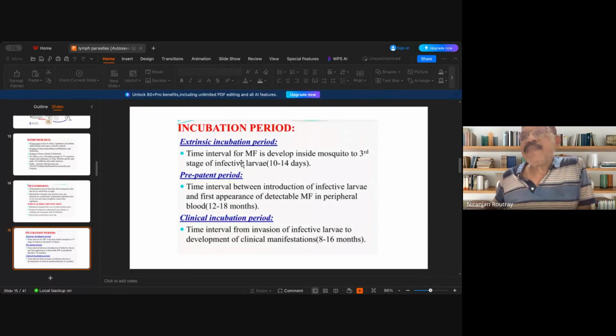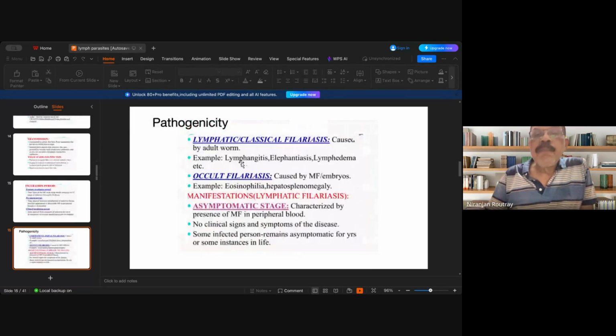That means this is the time they require to become adult, and they copulate and release the microfilaria into the lymphatic system, which ultimately come to lie beneath the skin or in the peripheral circulation. Now, the clinical incubation period is the time interval from invasion of infective larvae to development of clinical manifestations. That means clinical symptoms are observed. So it is generally 8 to 16 months.